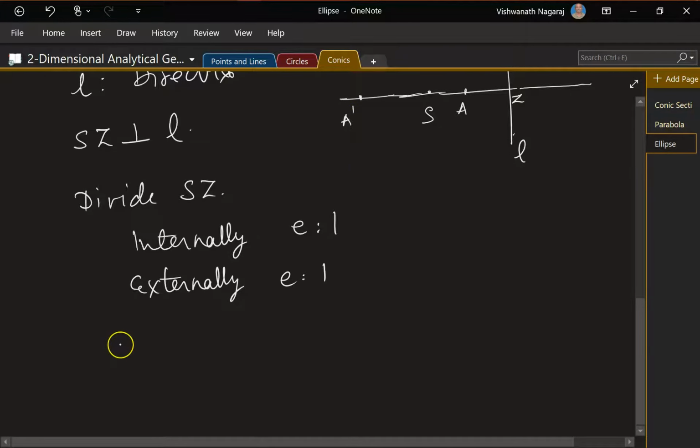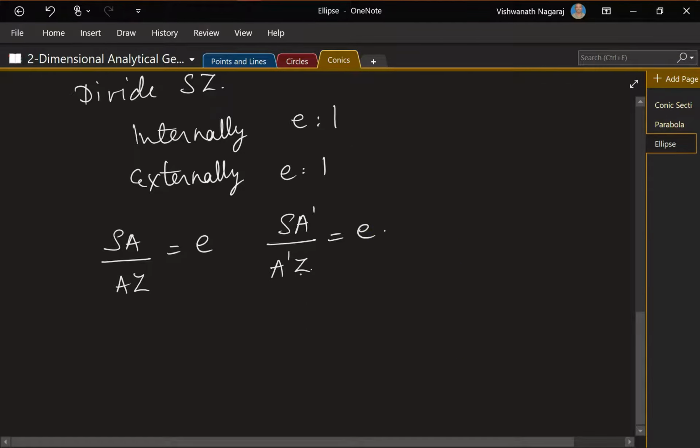So, SA by AZ is equal to E and SA dash by A dash Z is equal to E. Remember, this is external division and in this case it is internal division.